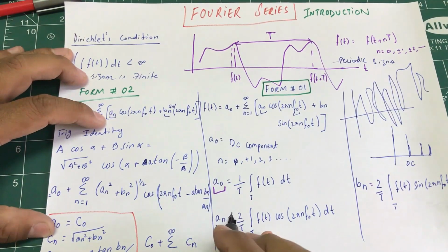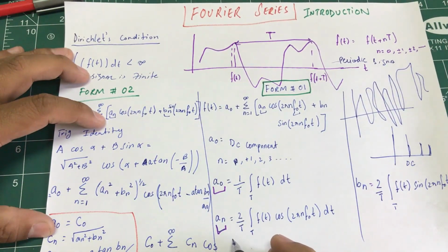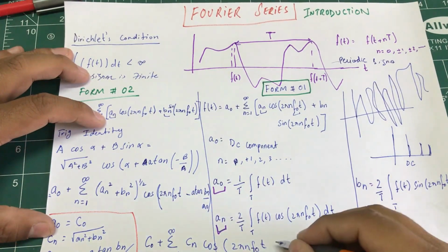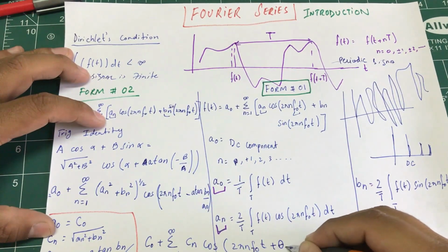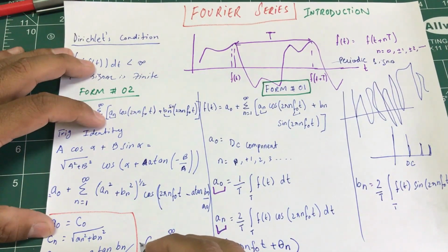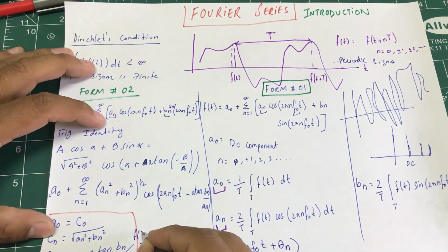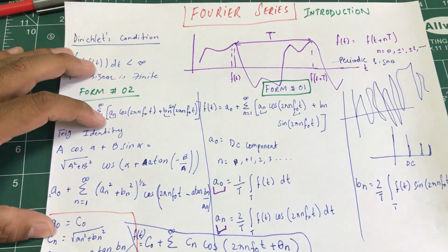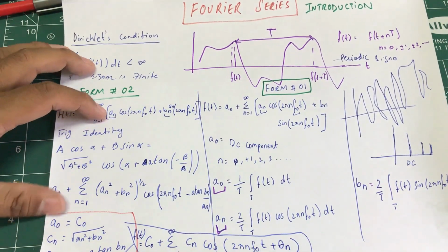I'm going to write my cos function, cn cos of 2 pi n f naught t, and in place of this, I'm just going to simply write theta n, and boom, this is Fourier series in complex form.